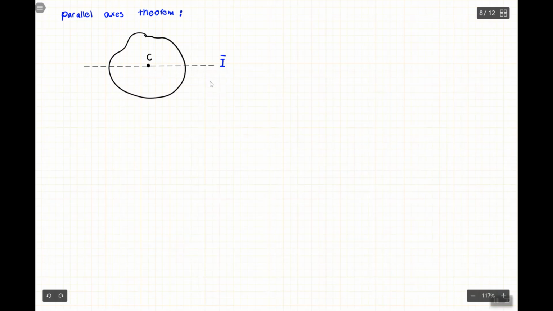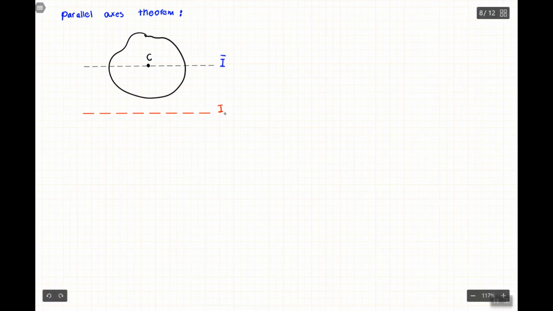So that's why we call it I bar. Now imagine that we want to calculate moment of inertia about a new axis, like maybe this one. All right, and let's call this one I new.